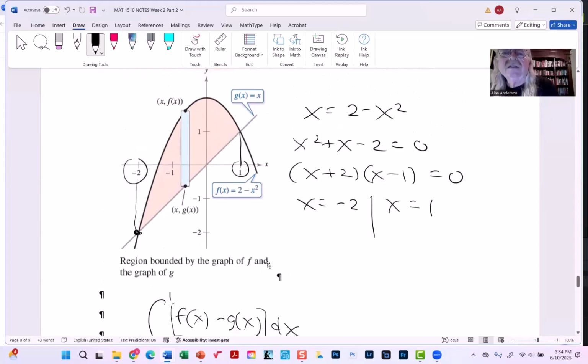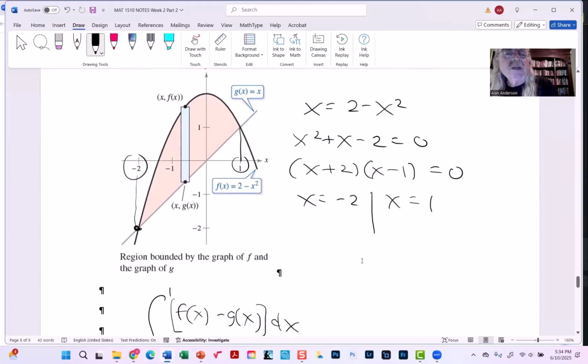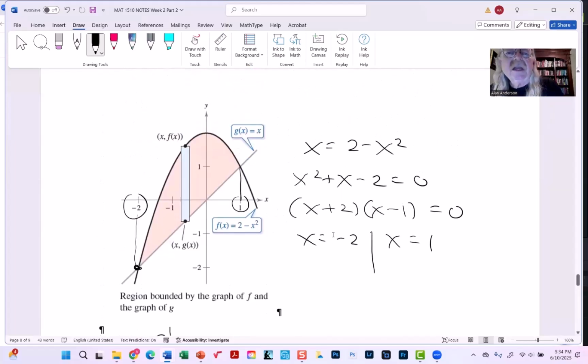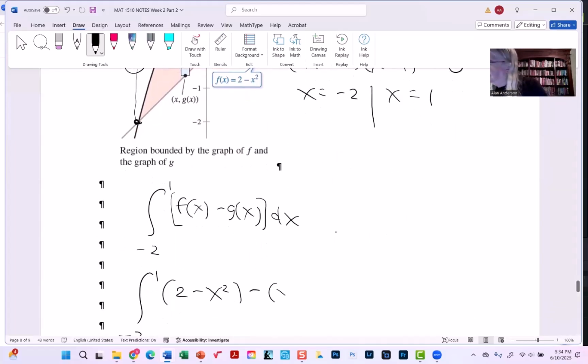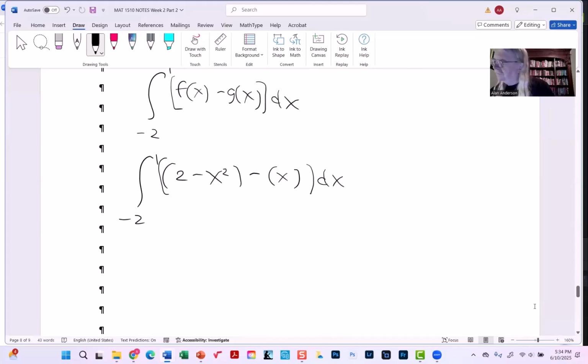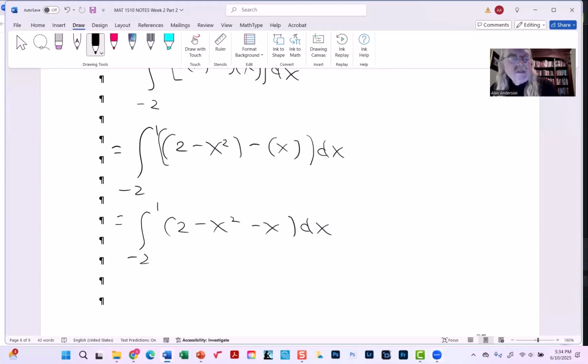So again, f of x is 2 minus x squared, and g of x is simply x. All right, so we'll simplify this a little bit. And now we'll integrate and evaluate it.